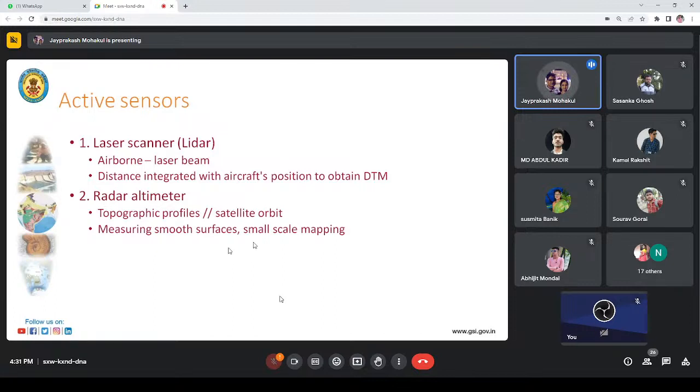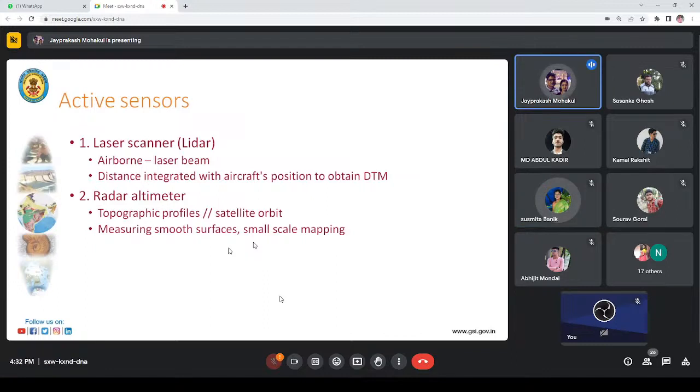Have you dealt with any digital elevation model? How can you have a digital elevation model? There are three ways to have a digital elevation model, or four ways, let's say.